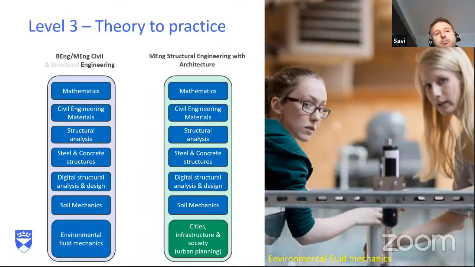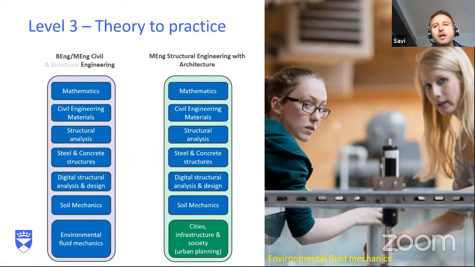The difference between the two programs, you can see now that in the civil and structural engineering program, there are starting to be some modules about fluid mechanics. Environmental fluid mechanics is really how to protect the environment from floods and issues with water, while the architecture-based course is moving through things about designing and planning, urban planning in this case, of cities, infrastructures, and society.